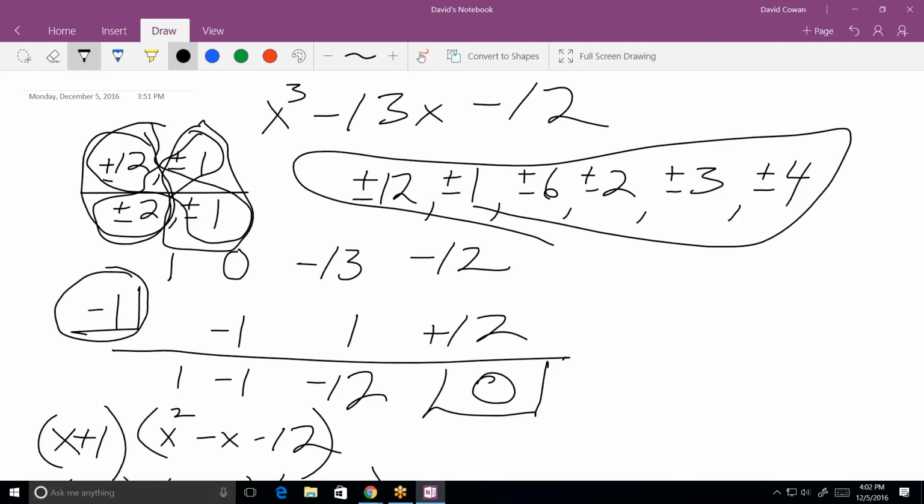When you have a number in front of the x squared term, it's automatically tougher, right? It's much easier to factor this because the x squared term has a 1 in front. It'd be a lot different if I stuck a 4 there. Now that becomes a really difficult factoring problem.